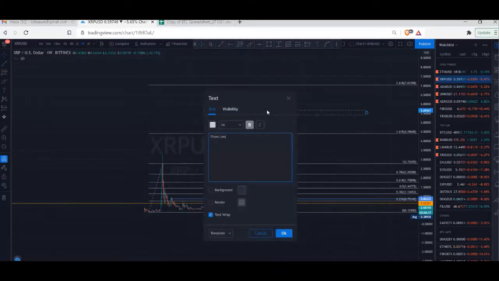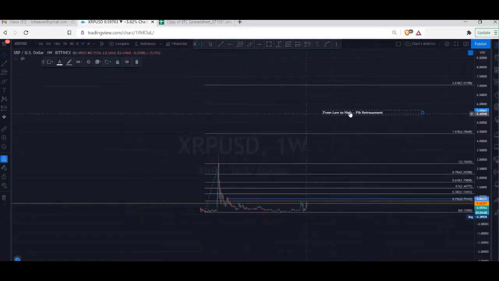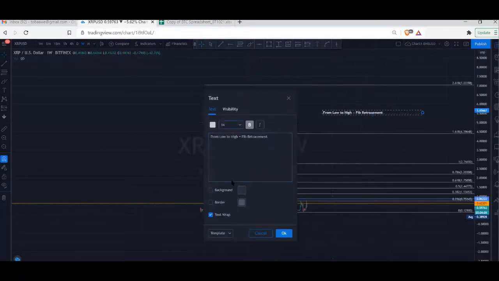That's Fibonacci retracement. And what that tool is going to do is help you project levels downward. That's what it's going to do.